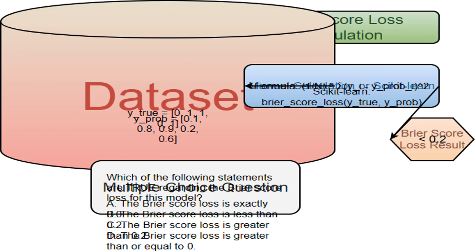Each pair represents a single data point. For example, the first pair, 0, 0.1, means the true label was 0 and the model predicted a 0.1 probability of it being a 1.